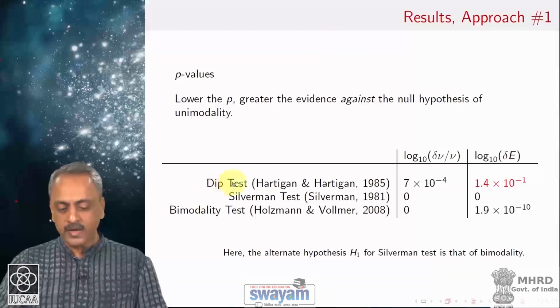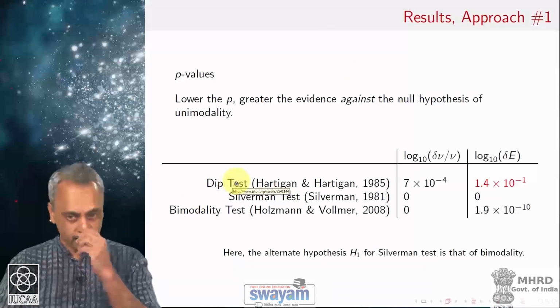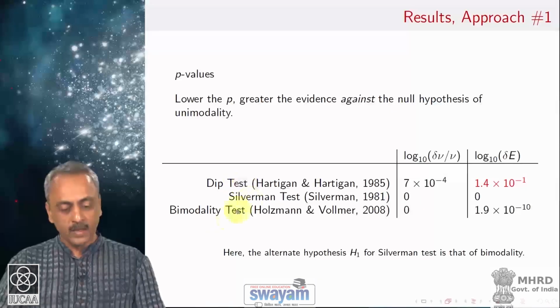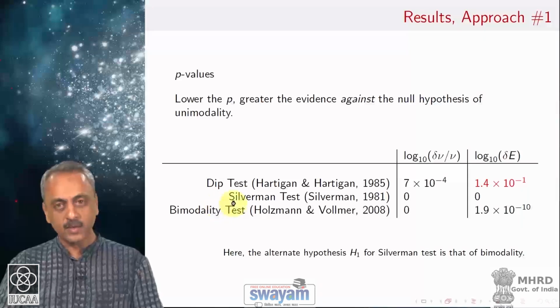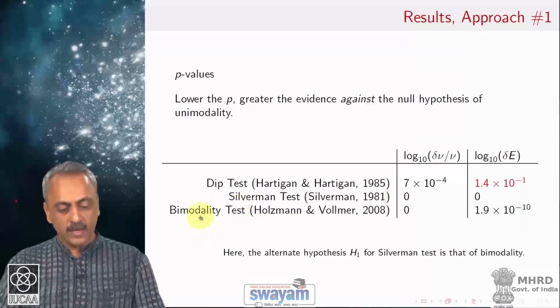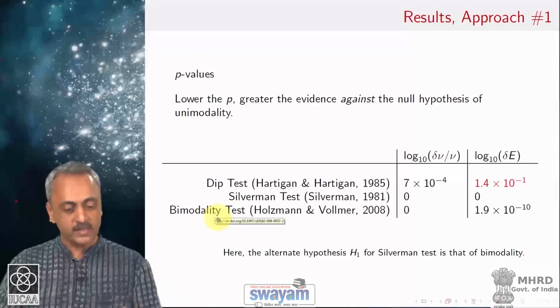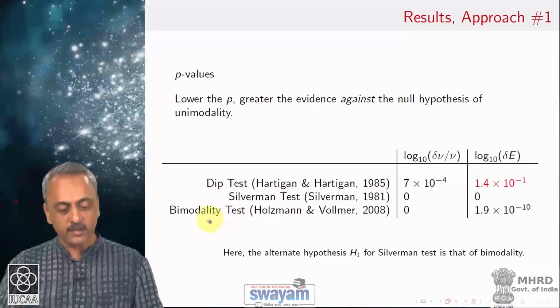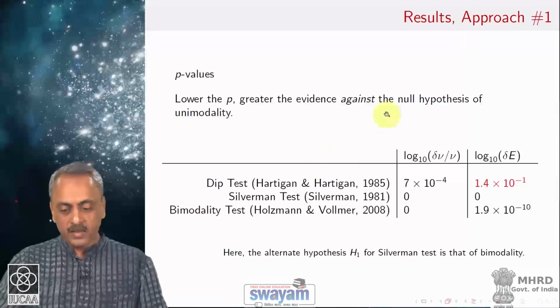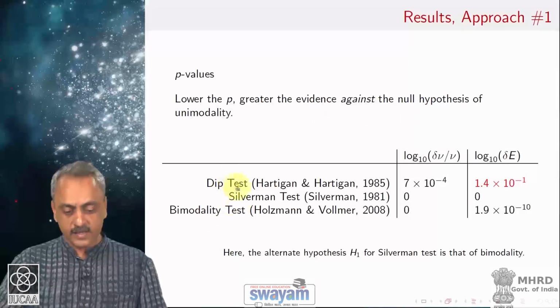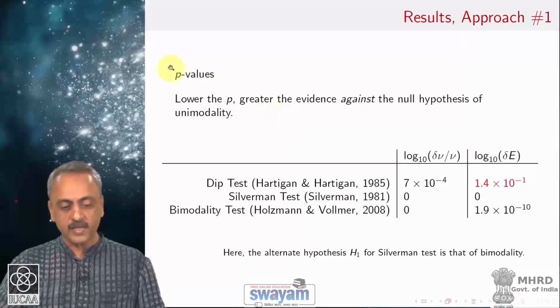There is something called a dip test, which looks for a dip in the distribution. There is something called the Silverman test, which again looks for multiple modes, and there is a test which tests for a single peak versus two peaks, called the bimodality test. The results of these tests are summarized in terms of what are called p values.